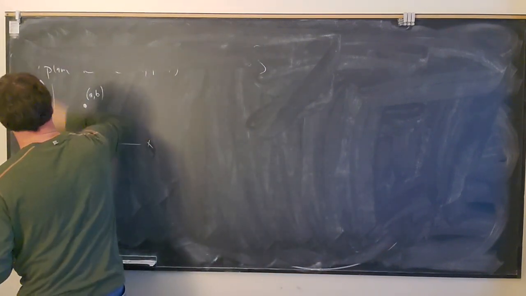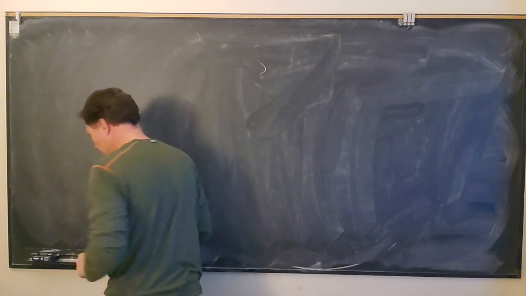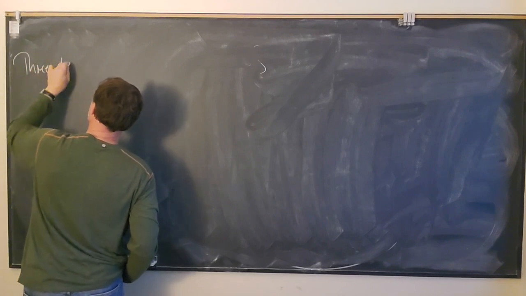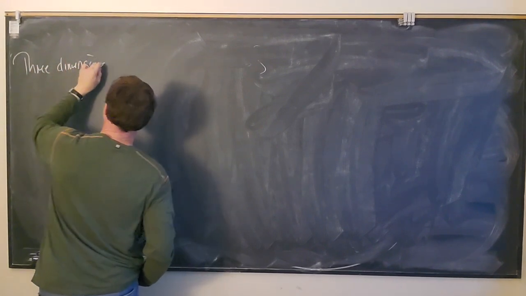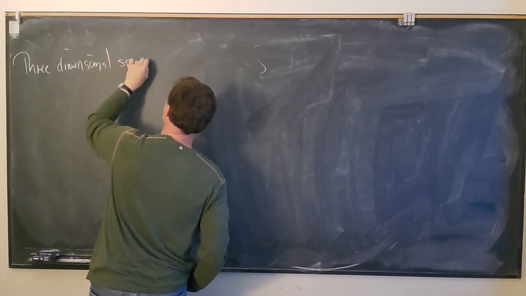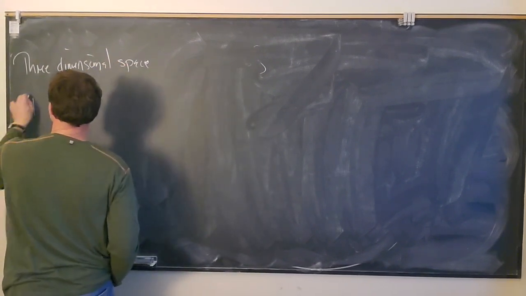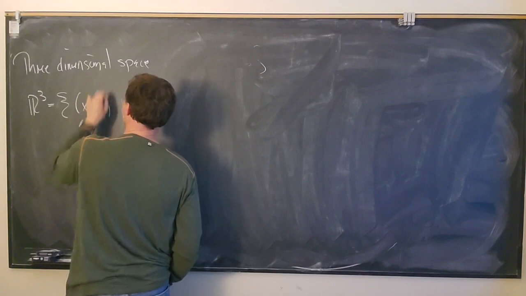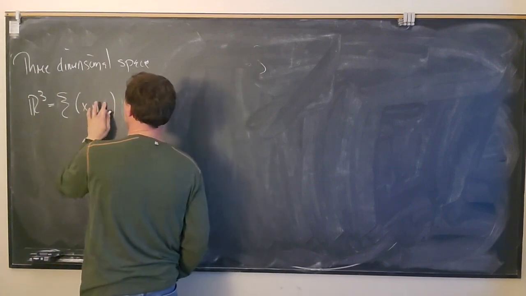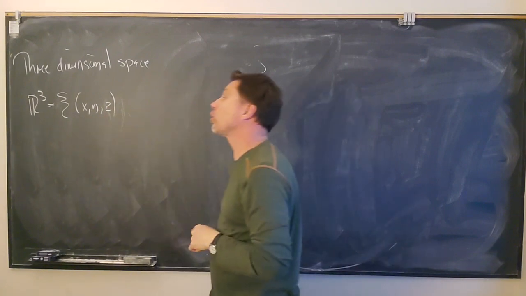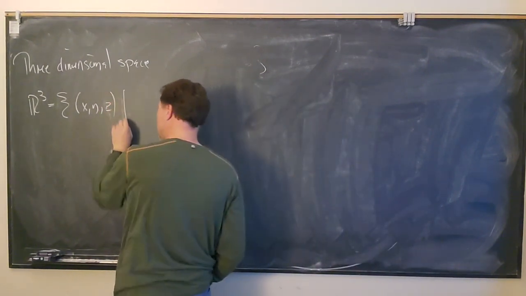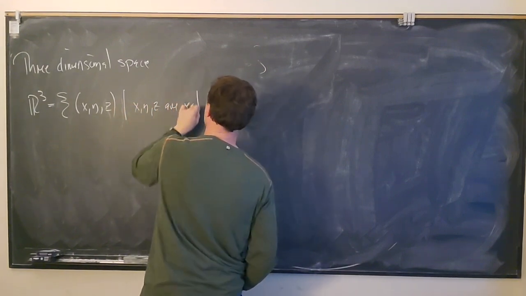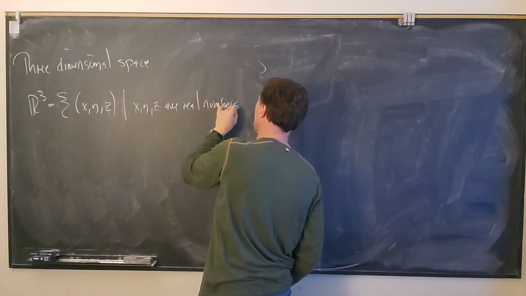And what we want to do is take this up one dimension. And so we're going to study three-dimensional space, which is typically written as R3. So that's going to be the set of all ordered triples, x comma y comma z, where x, y, and z are real numbers.